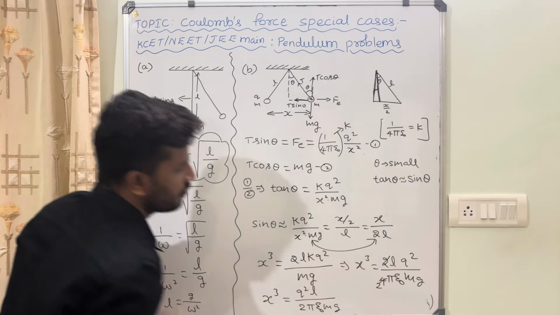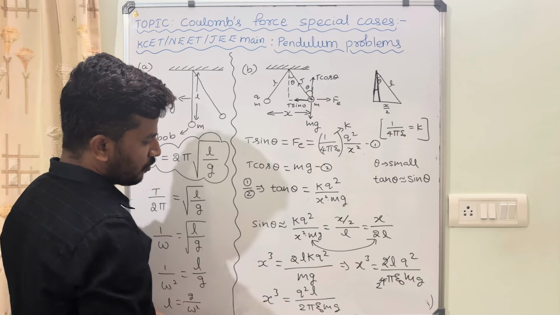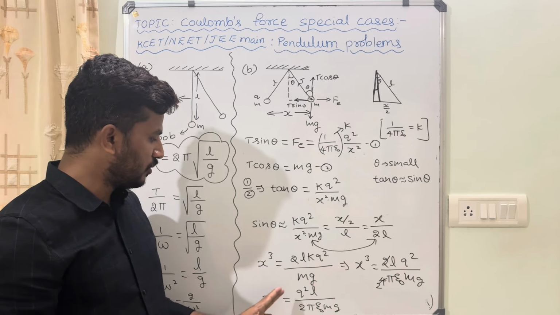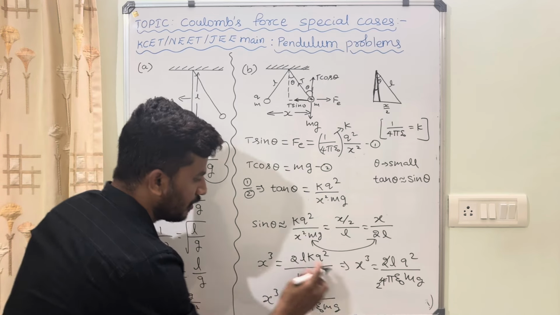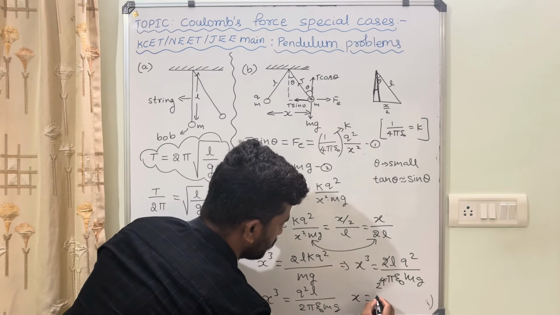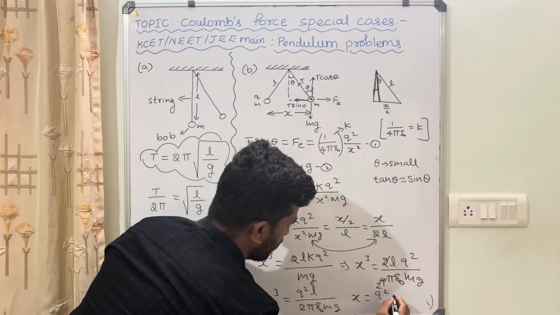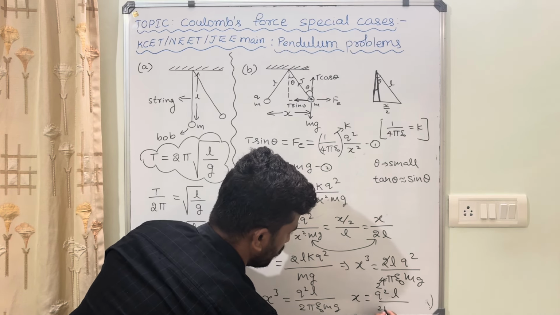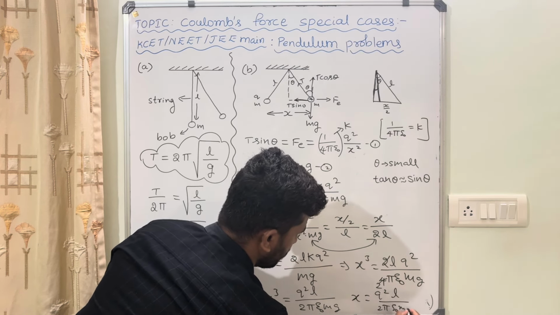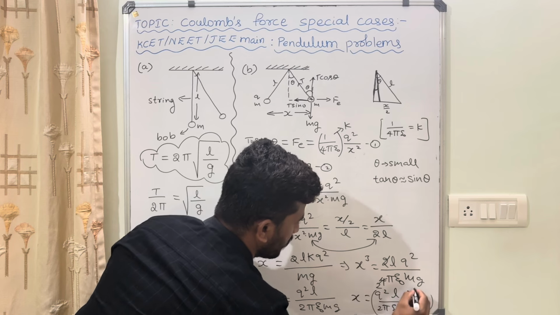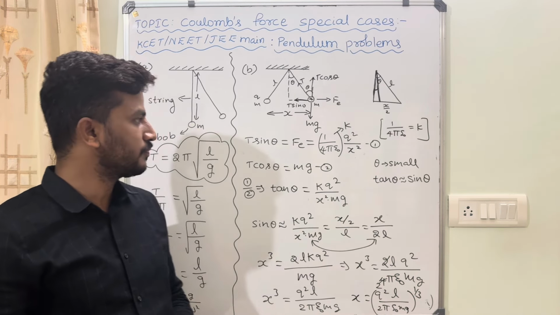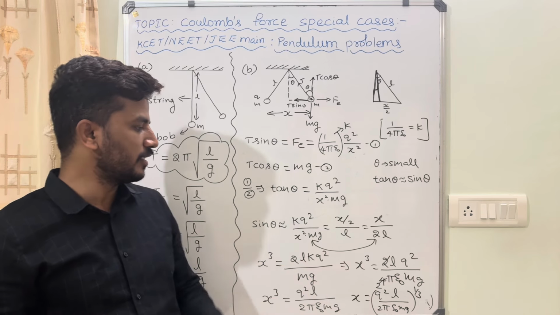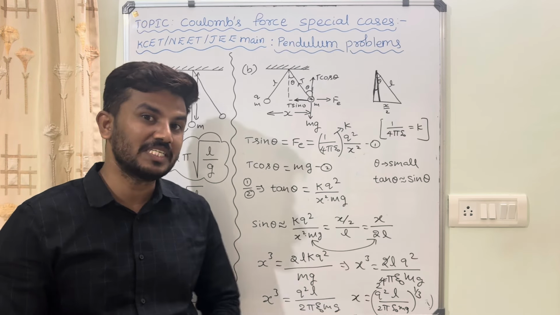This is the formula for displacement. If you want to find x, the cube comes to this side: x is equal to (q square l divided by 2 pi epsilon naught mg) power 1 by 3. Yes or no? So just solve it. This is very very important for JEE Mains.